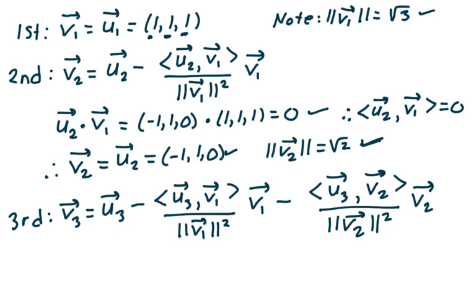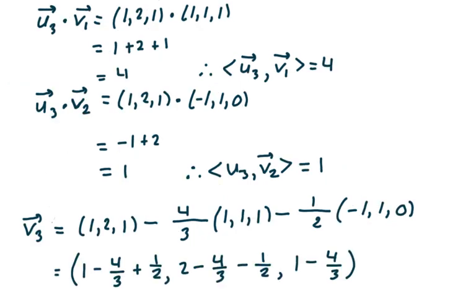Third, I want V3. So what we're doing right now is creating 3 orthogonal vectors. I want every pair of vectors to be orthogonal to each other. Now, V3 is equal to U3 minus the inner product of U3 and V1 divided by the norm of V1 squared times V1, minus the inner product of U3 and V2 divided by the norm of V2 squared, times V2.